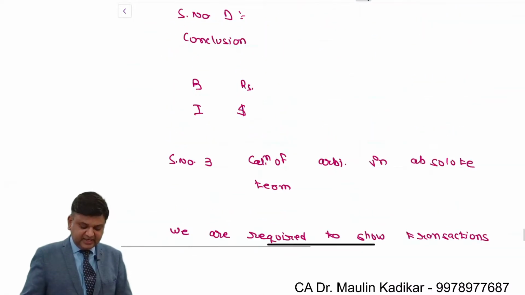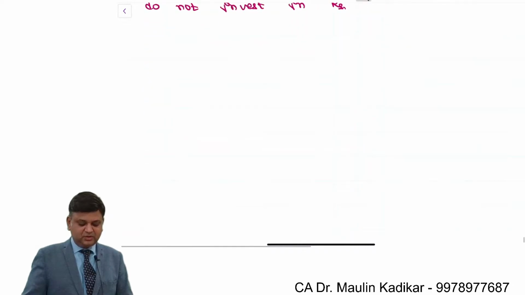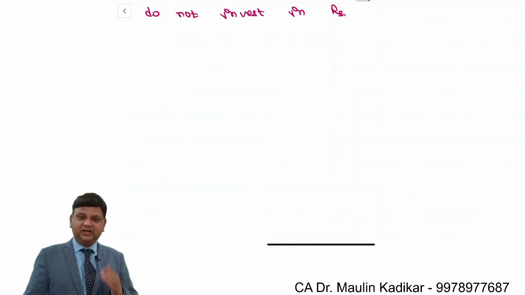Now friends, entire step number 2, you can ignore it, and if you are smart to understand, you can have a conclusion in one line also.